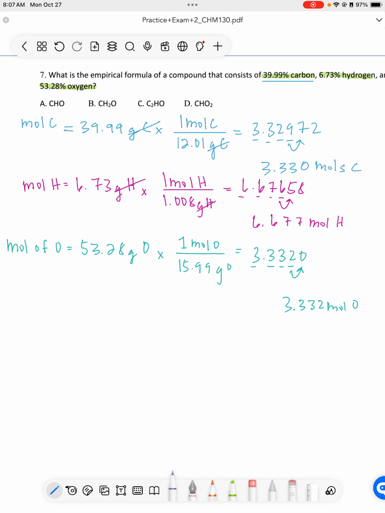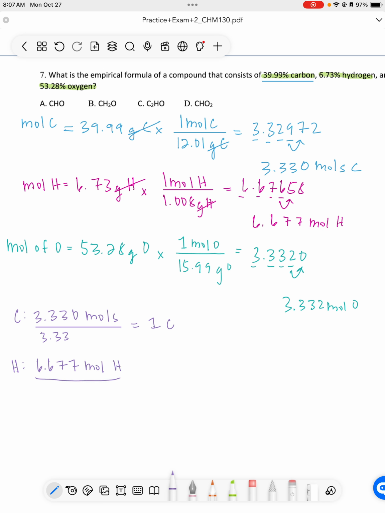Okay, let's do it in a main color. Let's start with carbon. We have 3.330 moles divided by that number, because that's our smallest number. That gives us 1 carbon. Okay, we'll do hydrogen. We have 6.677 moles of hydrogen.